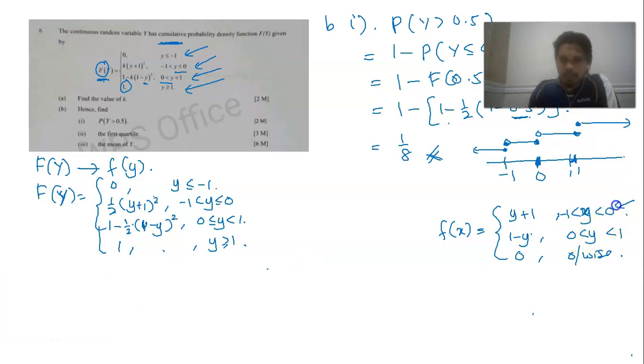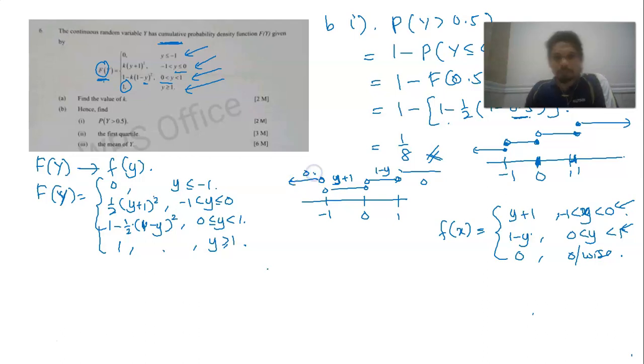since this is the new domain for each of these, okay, from -1 until 0, 0 until 1, so the function between -1 until 0 is y plus 1, and from 0 until 1 it is 1 minus y. Okay, and the rest is 0.